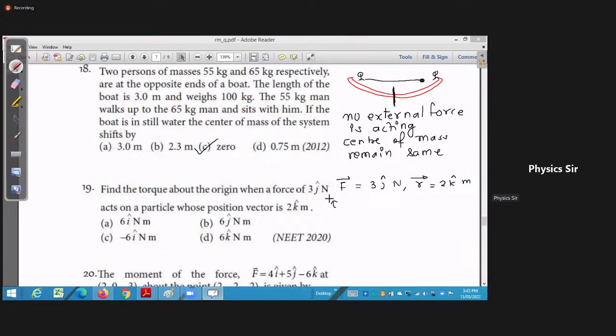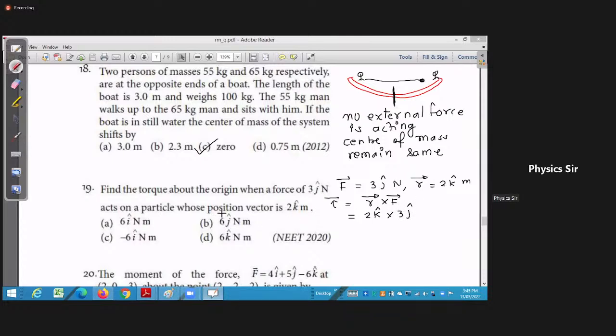So I have to calculate a torque. What is a torque? The torque is basically vector R cross vector F. Vector R is 2k cap, and the vector F is 3j cap.